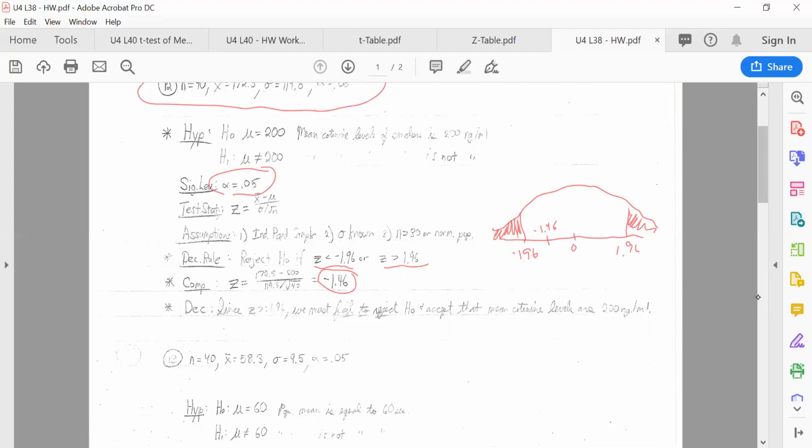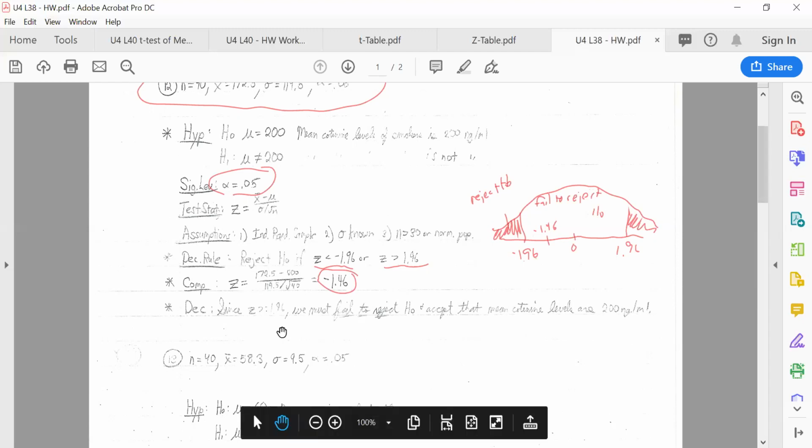Is it in the reject H0 region, or is it in the fail to reject H0 region? It is in the fail to reject H0 region. Okay, so that's our decision. Since Z is greater than negative 1.96, we must fail to reject H0.